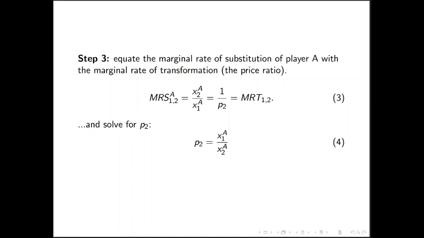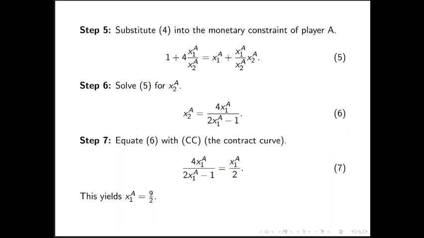The next step in solving the model is to take the marginal rate of substitution for player A and equate it with the marginal rate of transformation, which is the price ratio. And since we assume, as usual, that the price of good 1 is equal to 1, we can easily solve this for P2, which gives us equation 4. Next, we substitute equation 4 into the monetary constraint of player A, giving us equation 5.